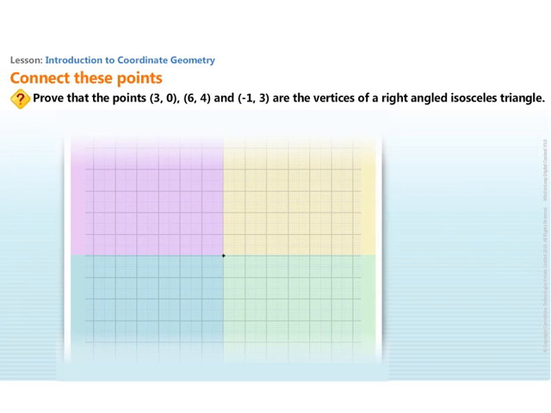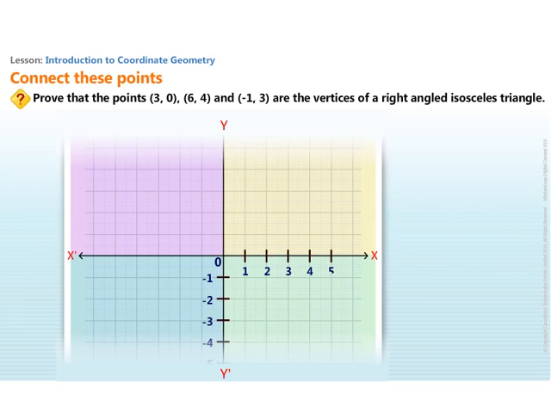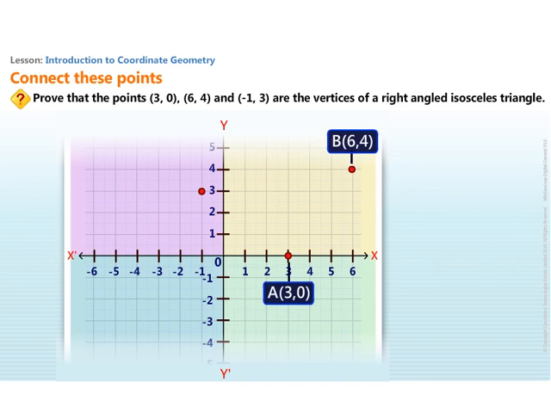Prove that the points (3, 0), (6, 4) and (-1, 3) are the vertices of a right-angled isosceles triangle. Let A (3, 0), B (6, 4) and C (-1, 3) be the given points that are vertices of triangle ABC.